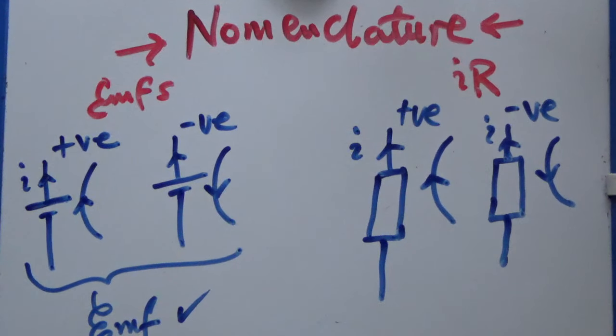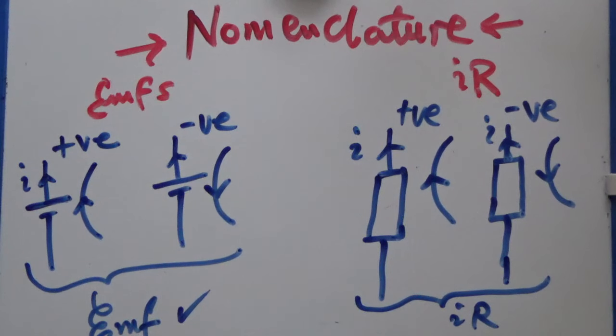Once we know these four arrangements, that's why I say that Kirchhoff's laws are a piece of cake. This is IR: if the current through the resistor is in the direction of the loop, then it becomes positive.